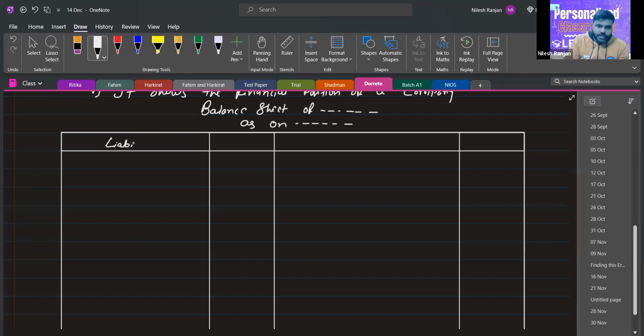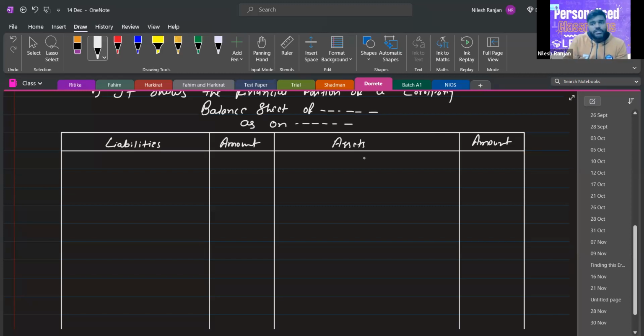This side is called liabilities or capital and liabilities, amount, and this side is called assets and properties, so we write assets and amount. No debit credit here because it is not an account, so that's why liability side or asset side.